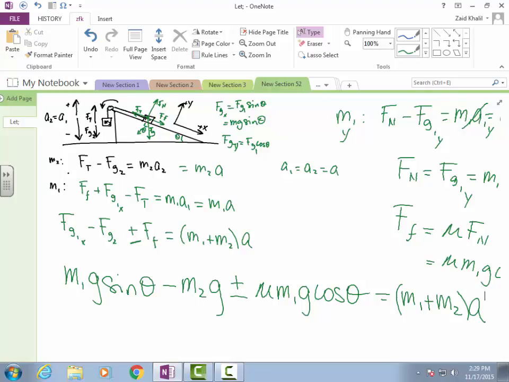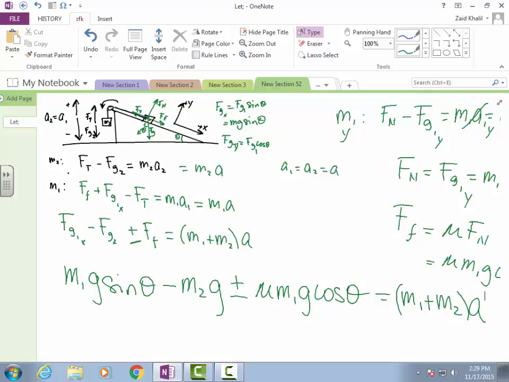But what's A? Could someone read it off to me? Sine theta, right? Minus m2g, and then it's plus or minus... okay, all over m1 plus m2. Okay? So I'm going to carry over that m2g.